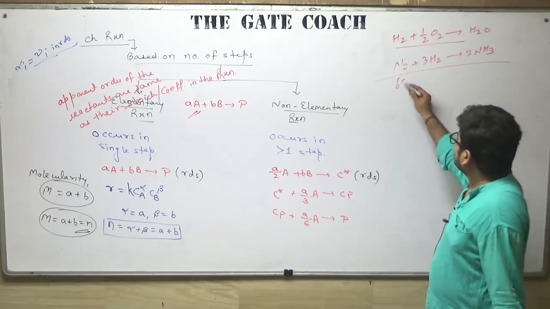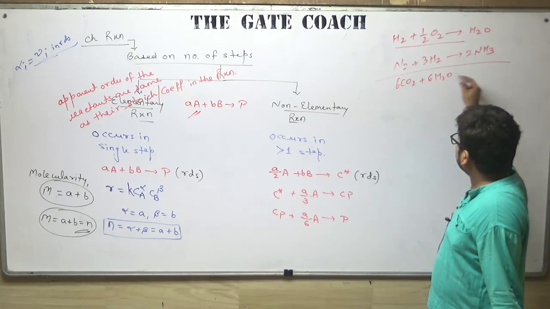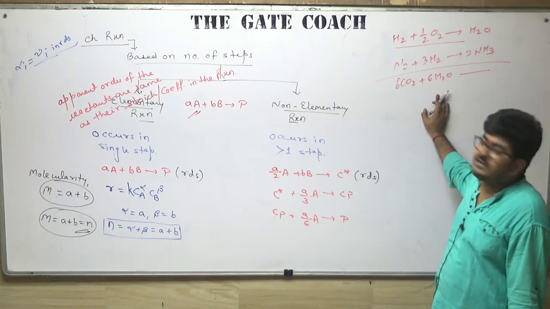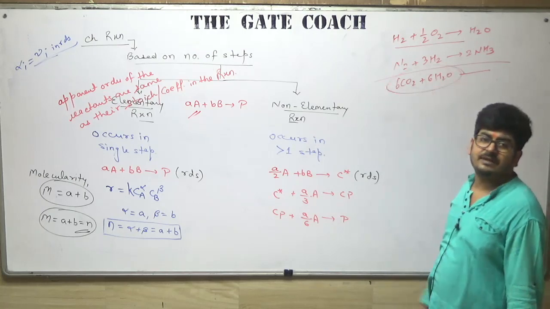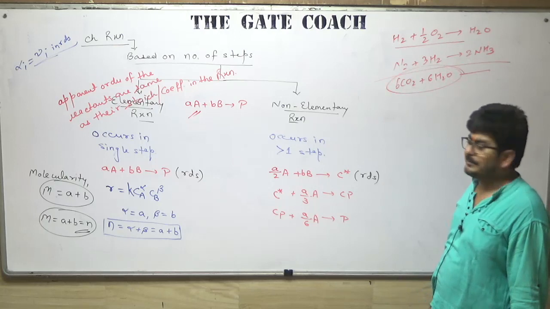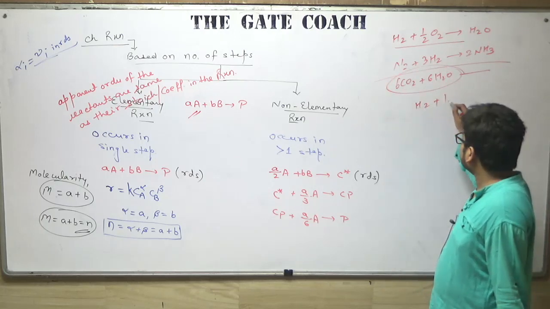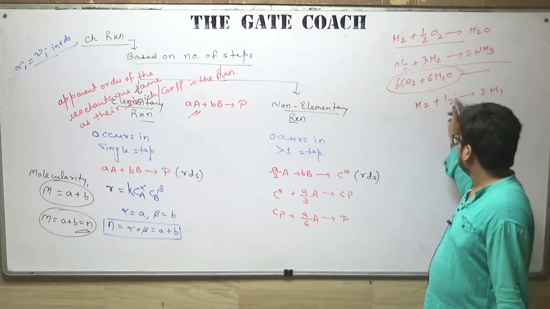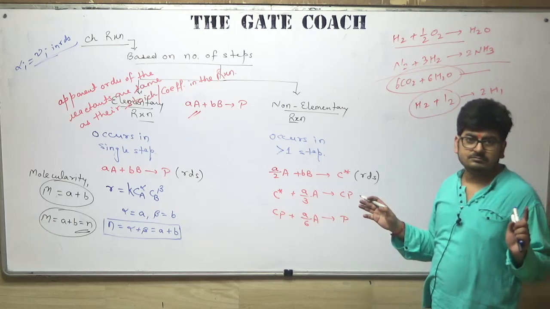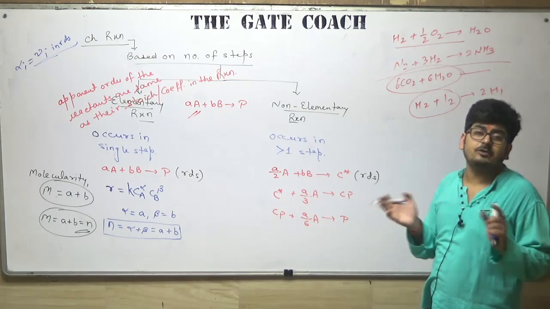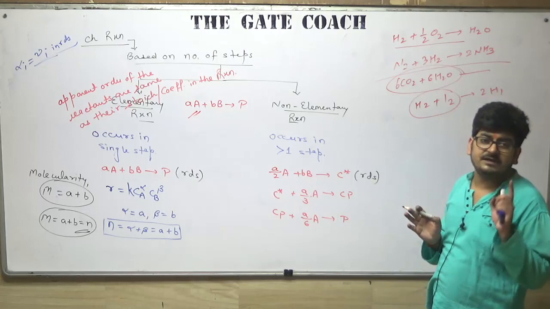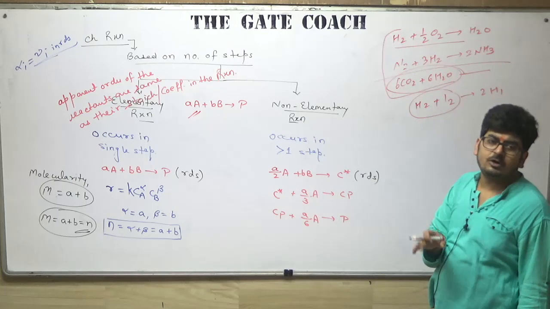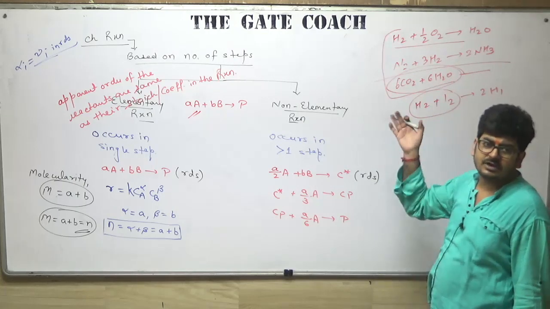Photosynthesis reaction, 6CO2 plus 6H2O gives whatever it is. 6 plus 6, 12. Molecularity cannot be 12, so it is obvious this is a non-elementary reaction. But if I talk about H2 plus I2 gives 2HI, then 1 plus 1, 2. Now I don't know, it may be elementary or may not be. But one thing is certain, these other kinds of reactions are definitely not elementary.